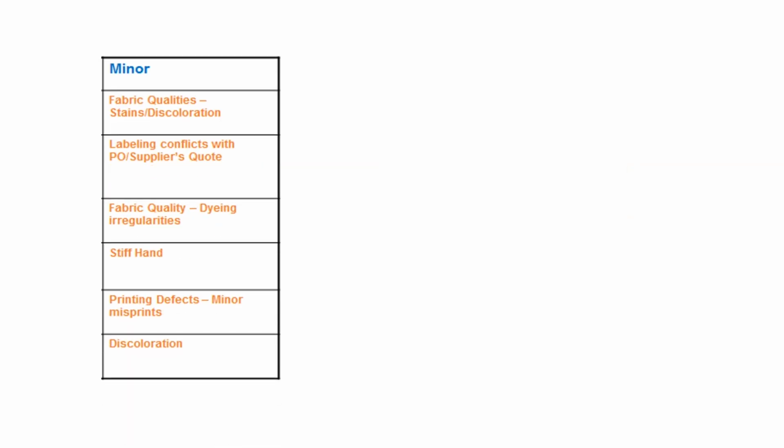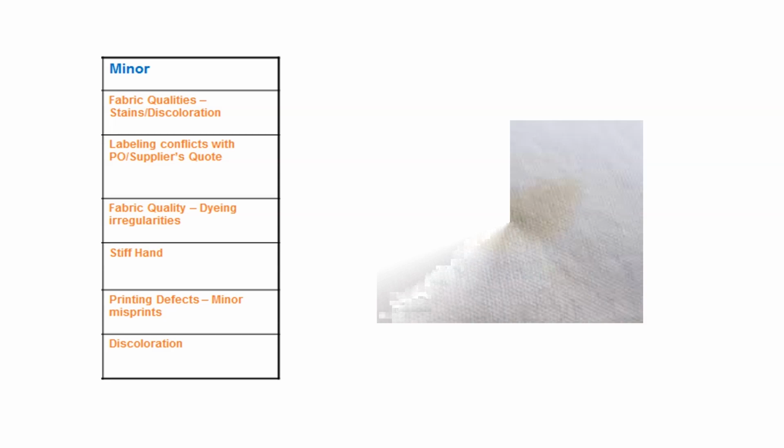Now, the third category of defect we are discussing here is the minor defects. As I already told you, minor defects normally come due to workmanship. Here is a unique example of a minor defect, like a stain or discoloration in the fabric. That can be treated as a minor defect.